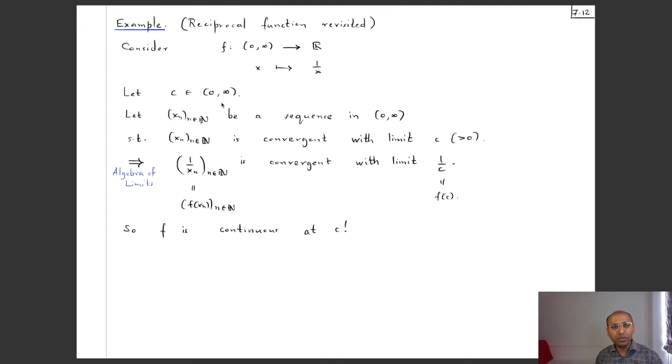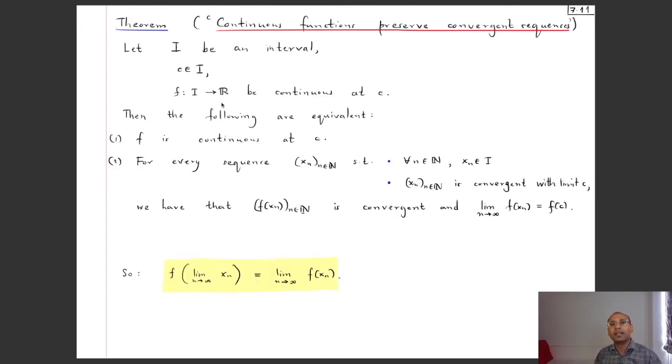Alright, so it remains to prove this powerful theorem, okay? And to prove this theorem, we have to prove two implications, that 1 implies 2 and 2 implies 1. Let's start with 1 implies 2. So we know that the function is continuous at c, and we have to show that whenever a sequence xn converges to c, f of xn converges to f of c.